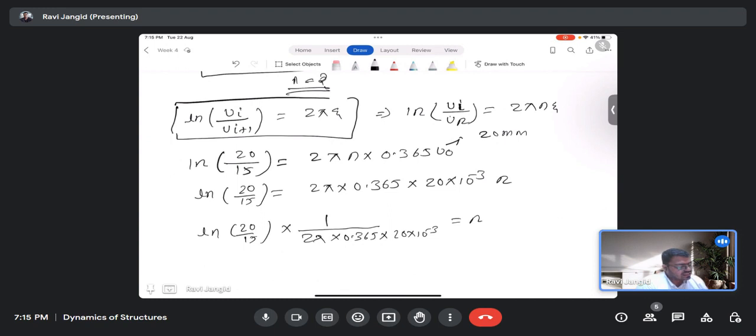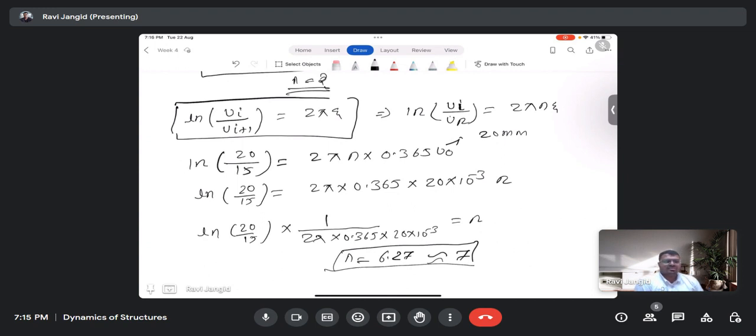I'm getting n equal to 6.27 cycles. How are you getting 35? Okay, maybe a numerical calculation mistake.